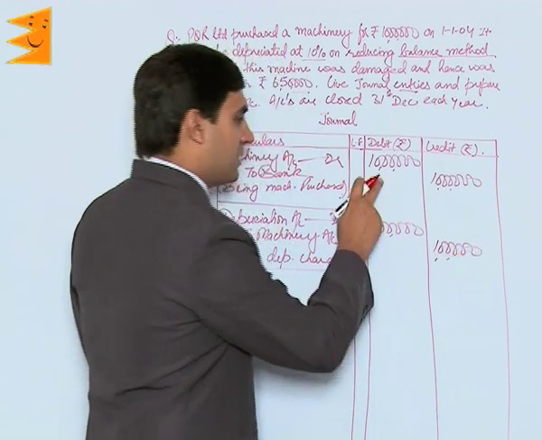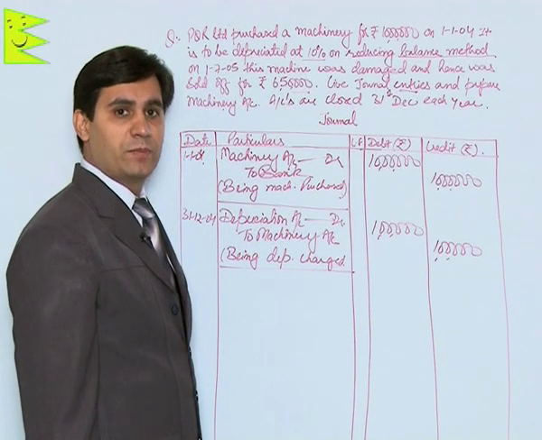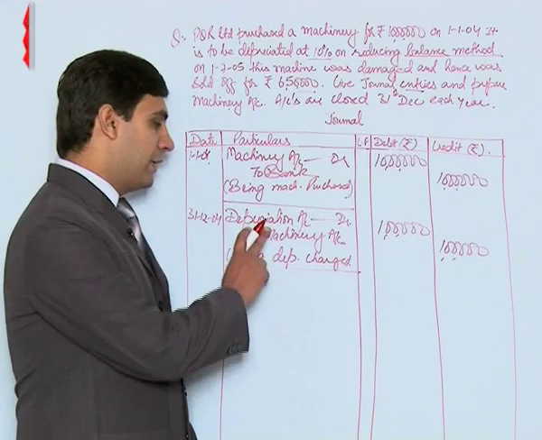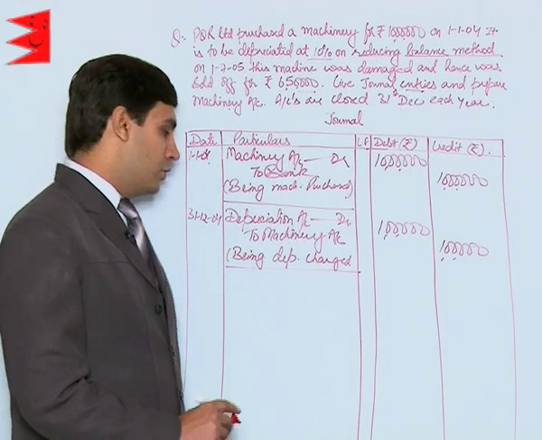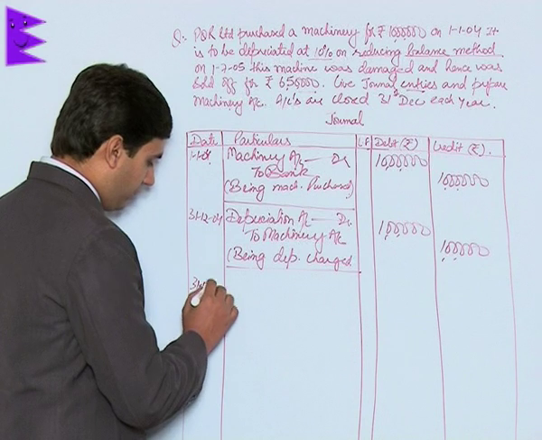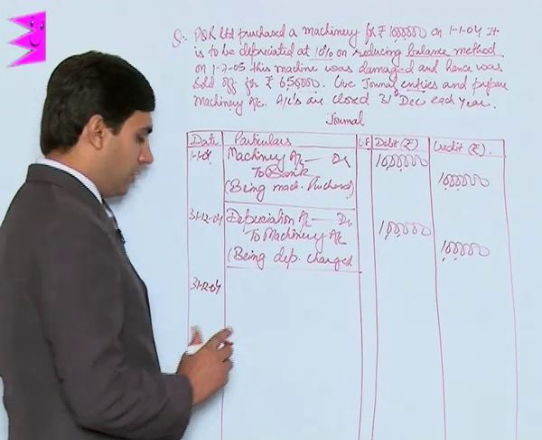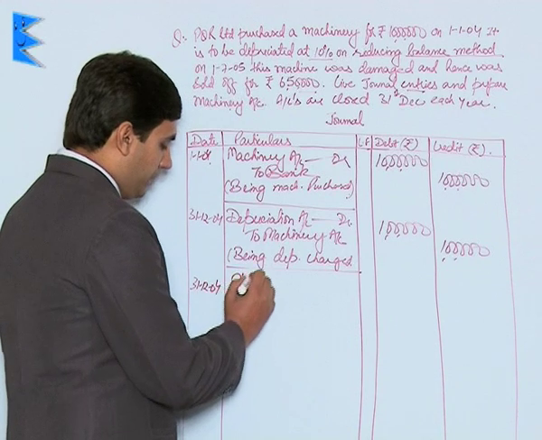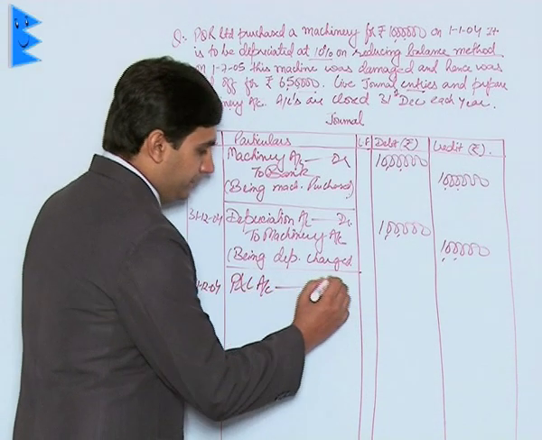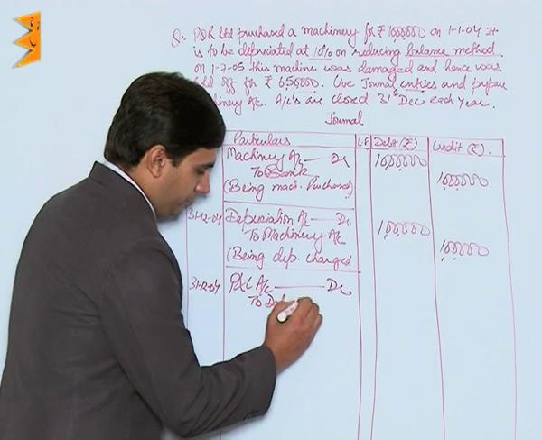So now we have purchased a machine, and at the end of this year we have charged depreciation on this machine. We know that depreciation is an expense, so at the end of the year, that is on 31st December 2004, this depreciation should be transferred to profit and loss account. So the entry would be profit and loss account debited to depreciation account.